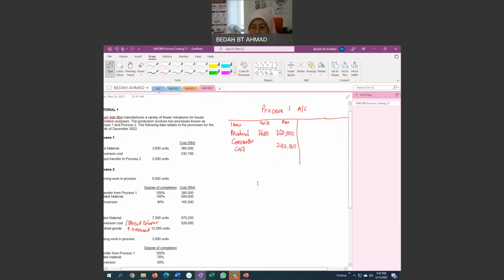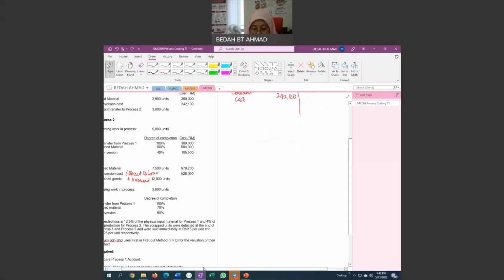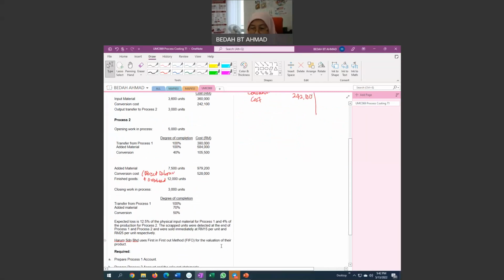Next we need to compute the normal loss. Here you can see the expected loss is 12.5% of the physical input material for process 1, and 4% of the production for process 2.